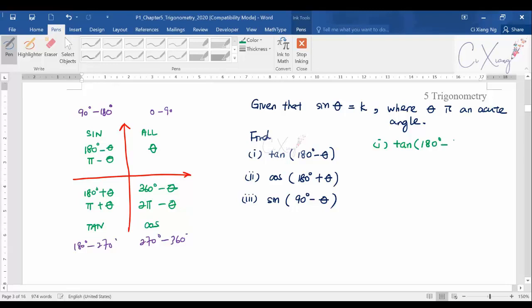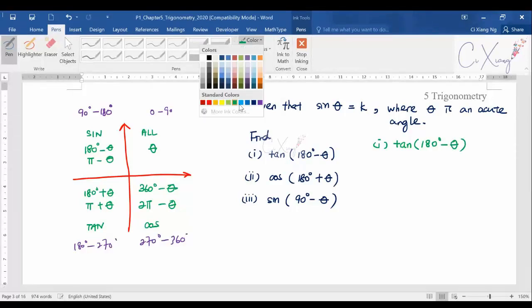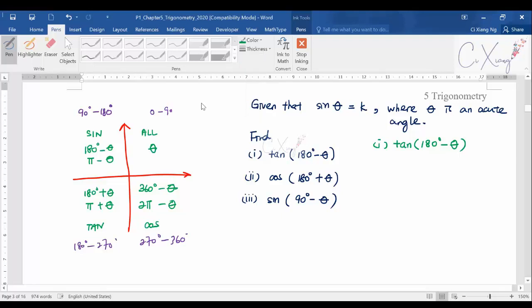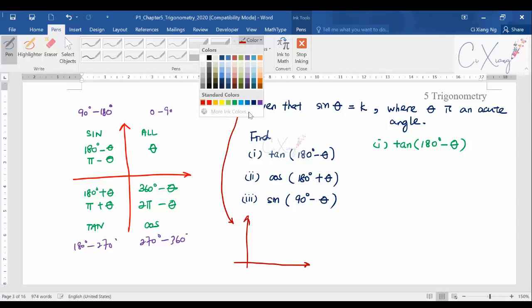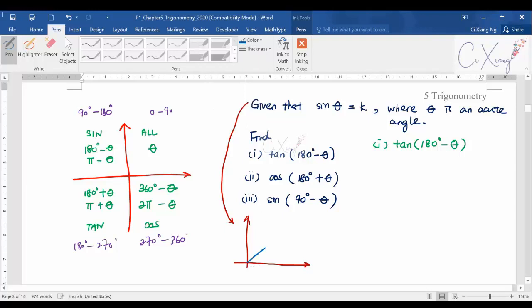Okay, so for this kind of question, you might need to draw a triangle to help you. All right, so from here, I draw a triangle because they said it is an acute angle, right? So I draw it in the first quadrant.